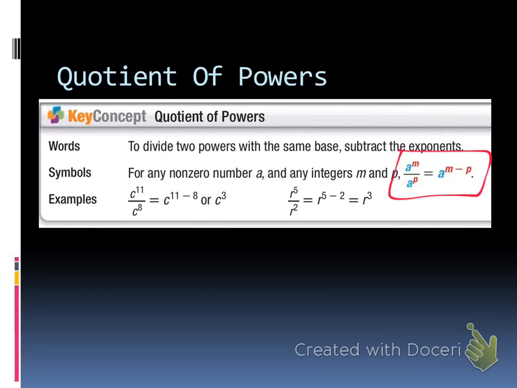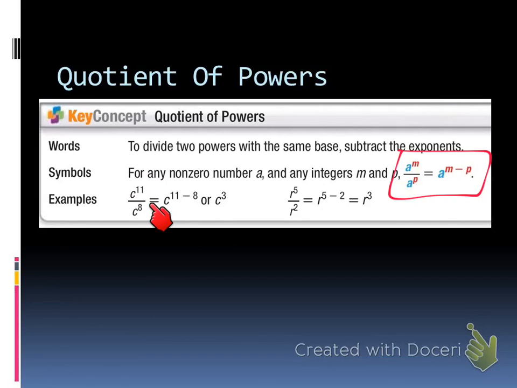If you notice also, both times, for example when we have c to the 11th over c to the 8th, what's the operation? It's subtraction, yes, but what is the order of the numbers? From what they're set up as in the division. We have c to the 11th over c to the 8th.